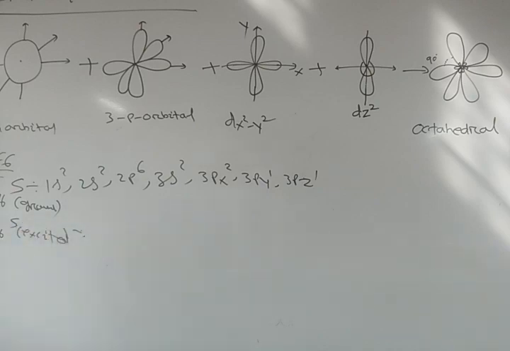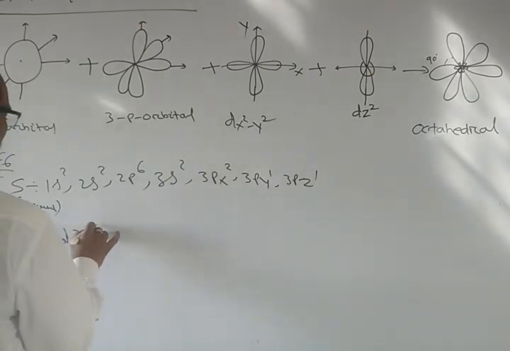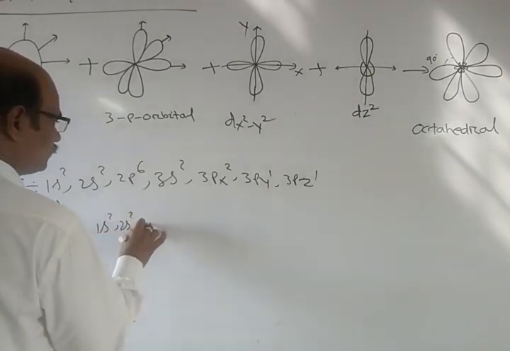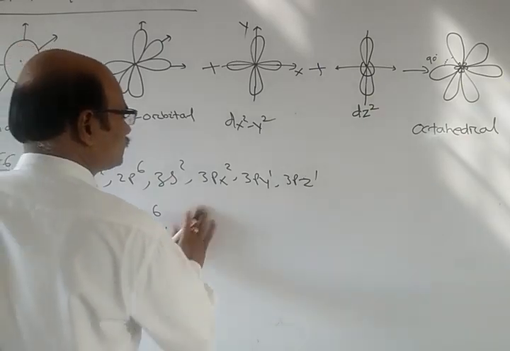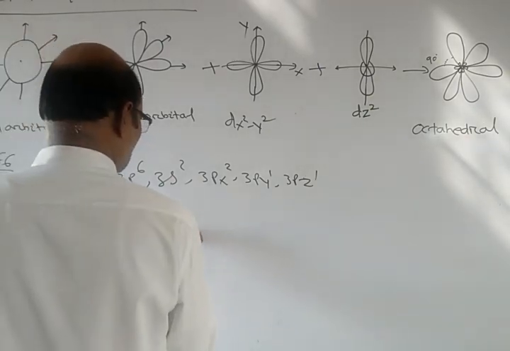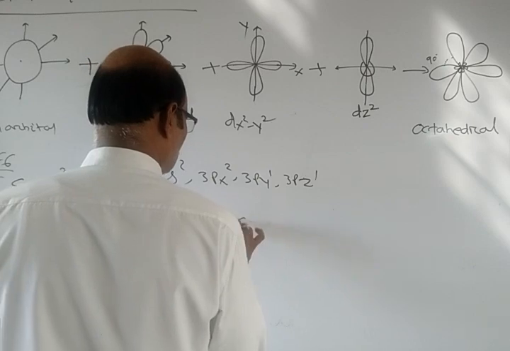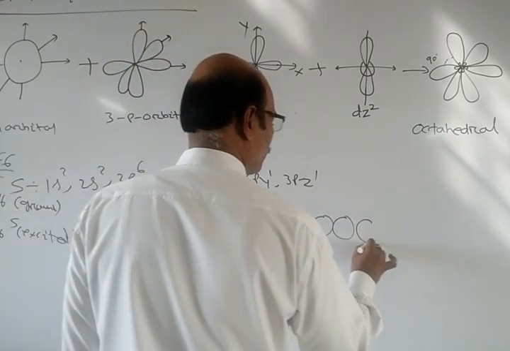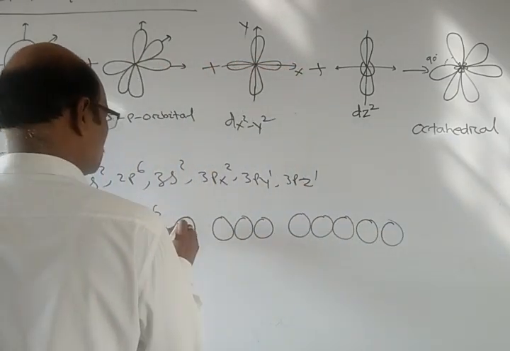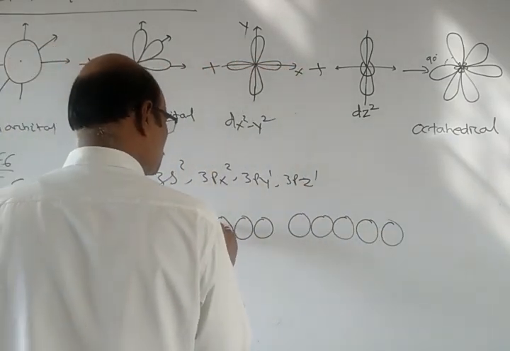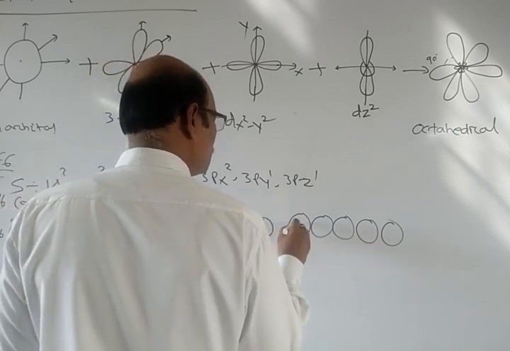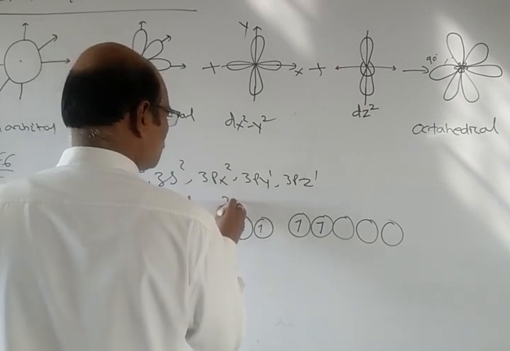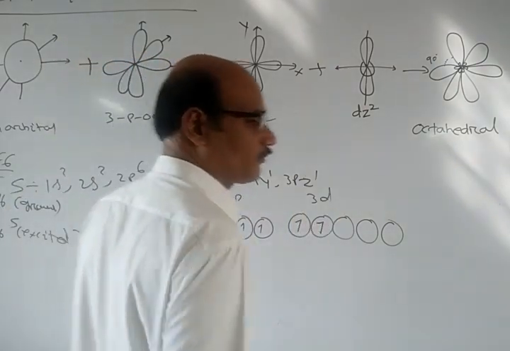Now we go for the excited state. What will I get? 1s2, 2s2, 2p6, 3s2, 3p and 3d: 3s1, 3px1, 3py1, 3pz1, 3d1, 3d1.